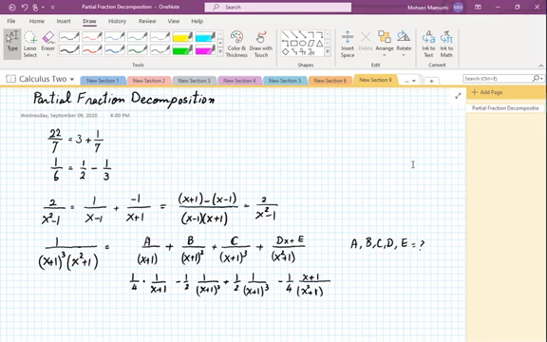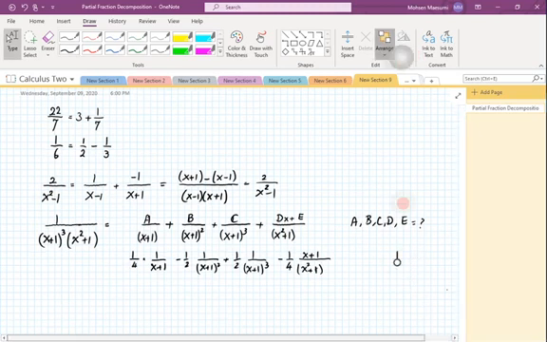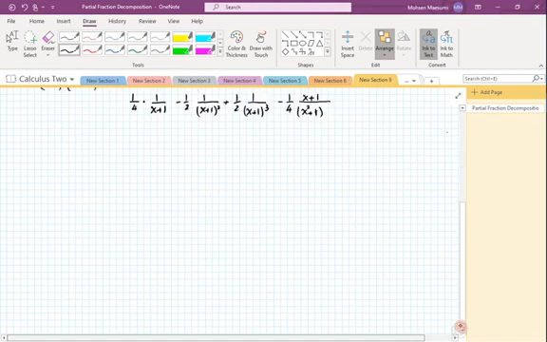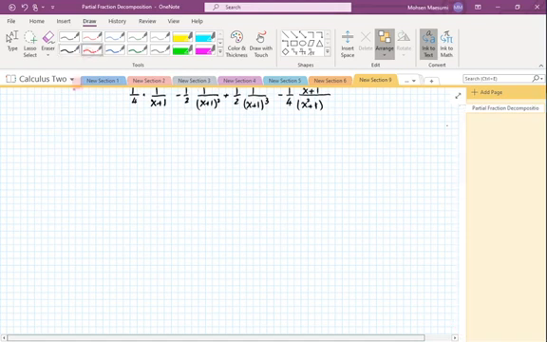So let's go ahead and start with some basic examples on this topic, and then we are going to come to some extended questions. Let's start with a simple example.